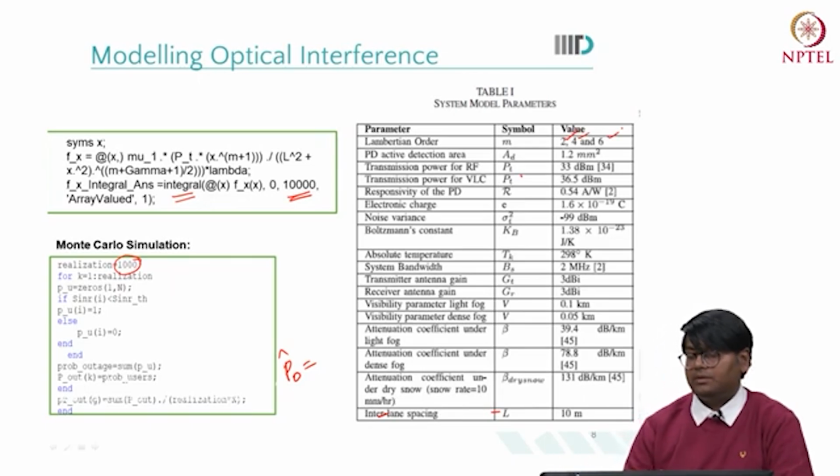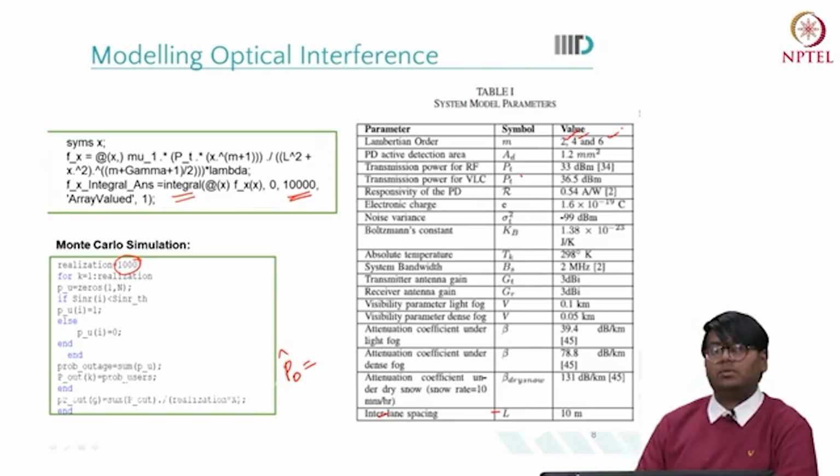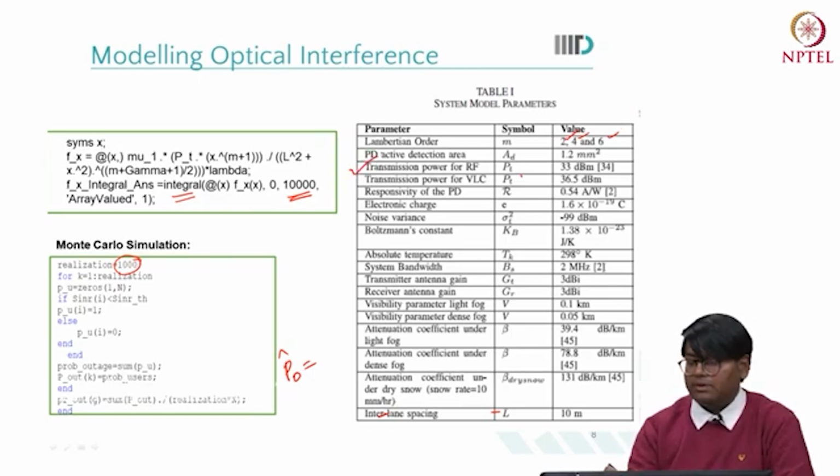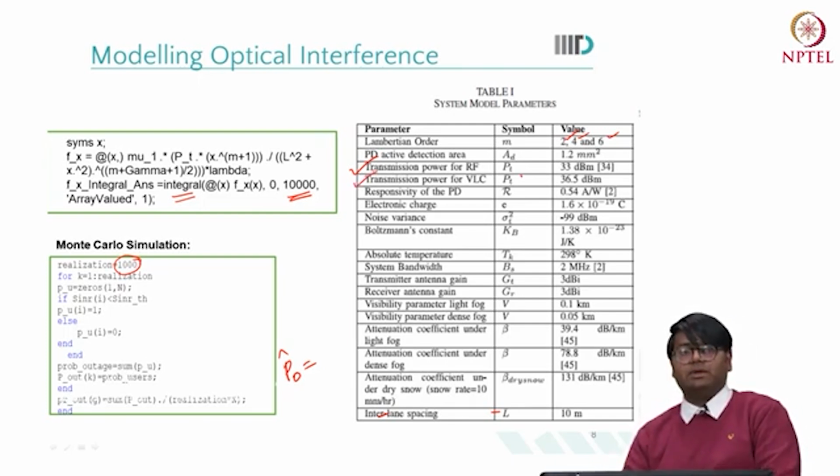The area of the photodetector is assumed to be 1.2 millimeter square, and interestingly the transmit power for RF is assumed to be 33 dBm, and for VLC we have considered 36.5 dBm.